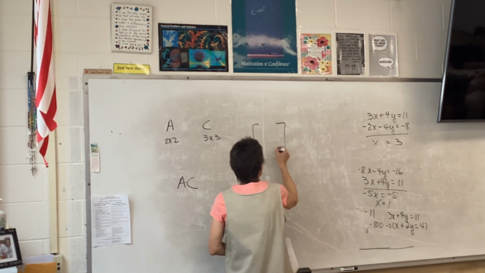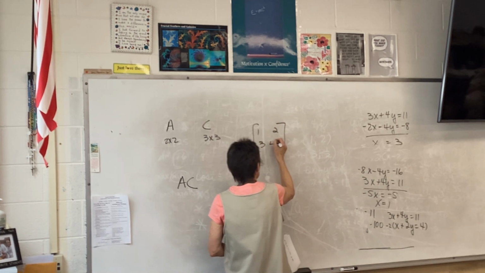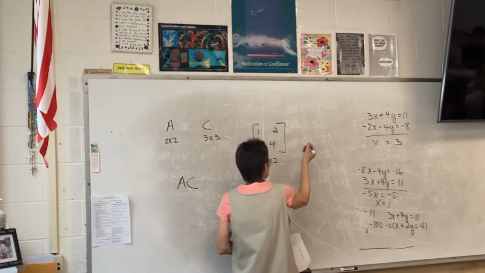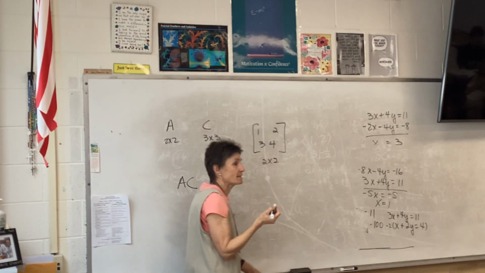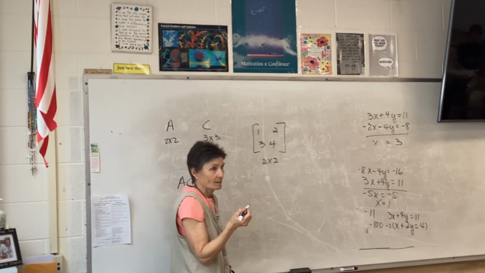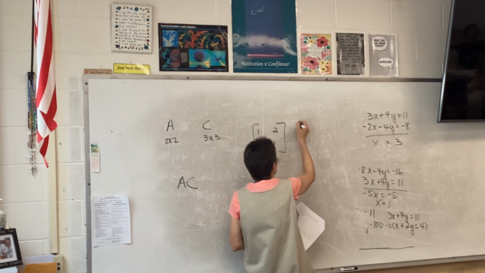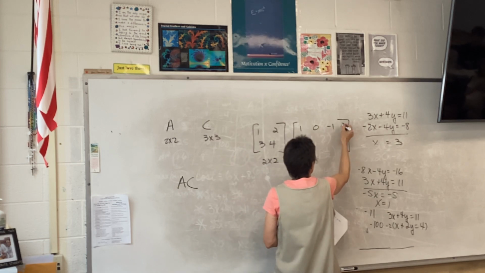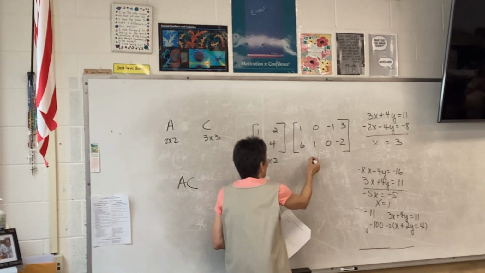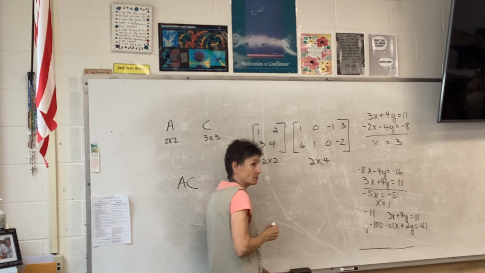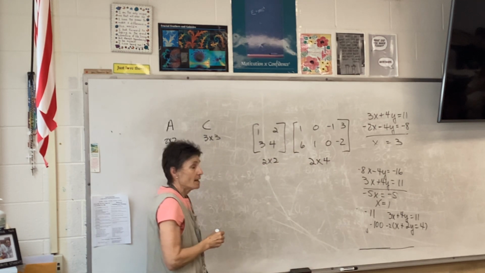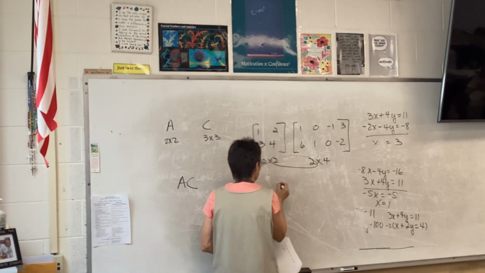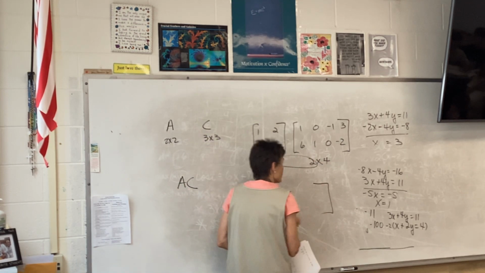Now, she wants to do a multiplication problem, so I'll just make one up that does multiply. So I could take a 2 by 2 and I can multiply it by whatever I want as long as it has 2 rows, right? I'll make it a 2 by 4. And that'll multiply, and my answer will be another 2 by 4.